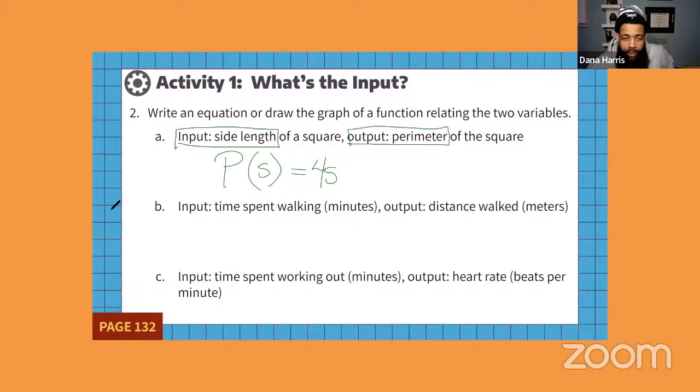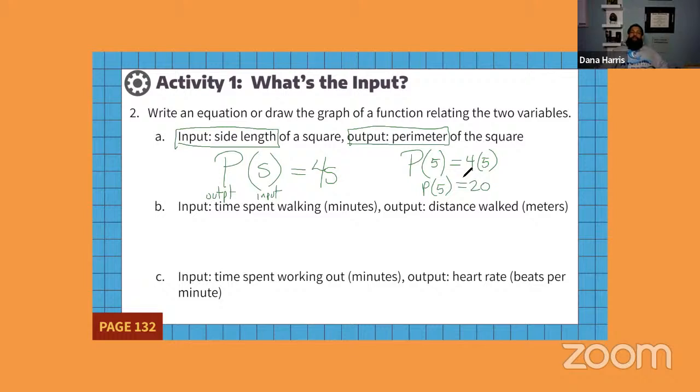So P of S, the perimeter of a square, is based upon the side lengths. Once again, input, output. For example, what is the perimeter of a square that has sides that are 5? So 4 times 5. P of 5 equals 4 times 5, which is 20.